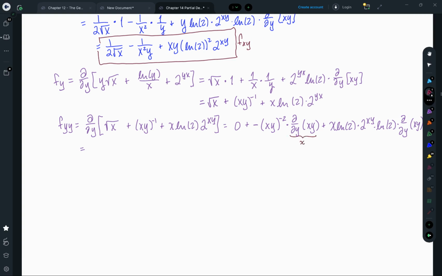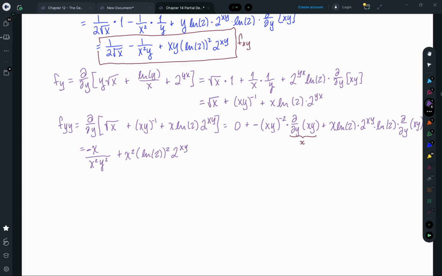This factor right here just gives me x. So when I rewrite that whole fraction, what I end up with is minus x in the numerator, all over an x squared y squared. And that actually simplifies, so we may take one more step there. And then we have plus, and it looks like we have that del y of xy again, and that gives us another x, so I get plus x squared times ln of 2 all squared times 2 to the xy.